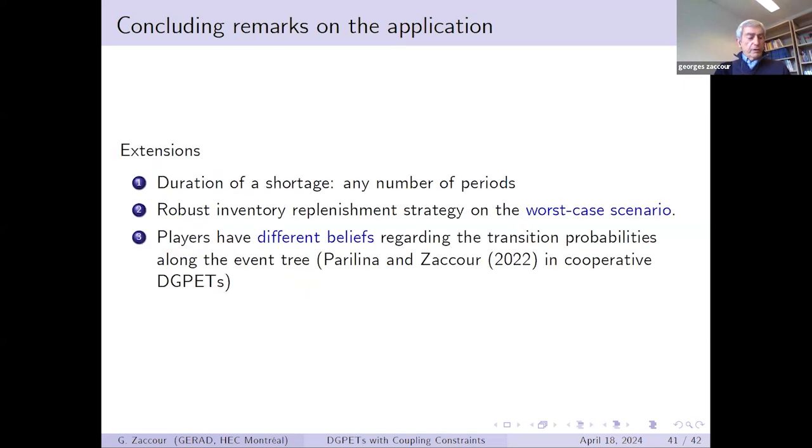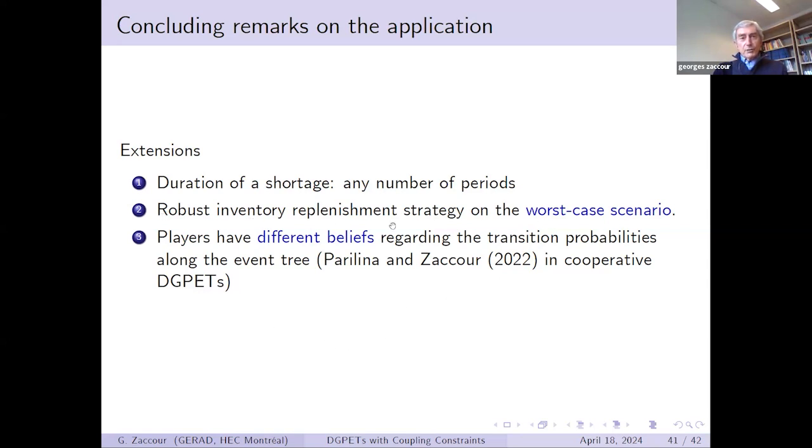Now, in terms of extensions, here we are assuming that the shortage can last for one period. You can, of course, assume something else. And what would happen if the players, instead of implementing S-adapted open-loop strategies in the usual sense, were implementing some robust strategies, thinking in terms of worst-case scenario?